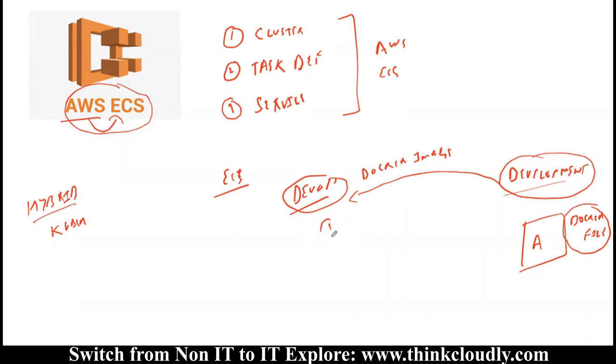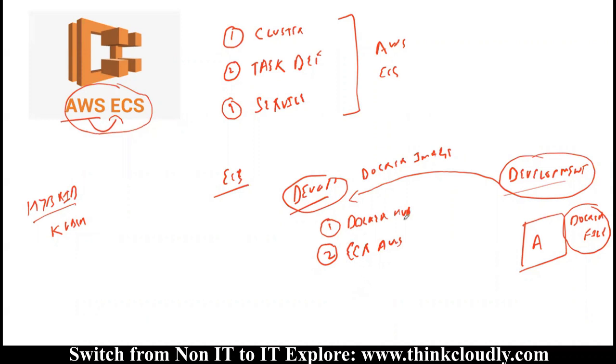There are two very popular Docker repositories. One is Docker Hub, which is super popular, and the second is AWS ECR. AWS ECR stands for Elastic Container Registry.